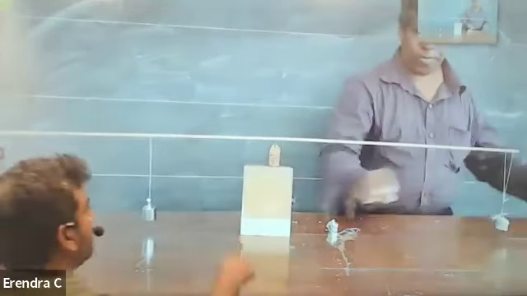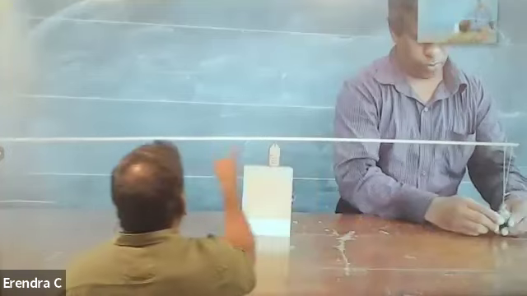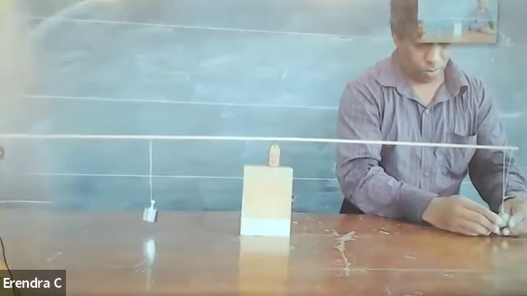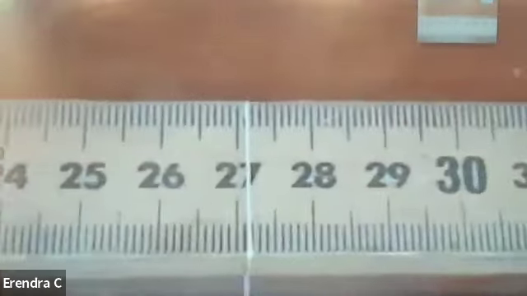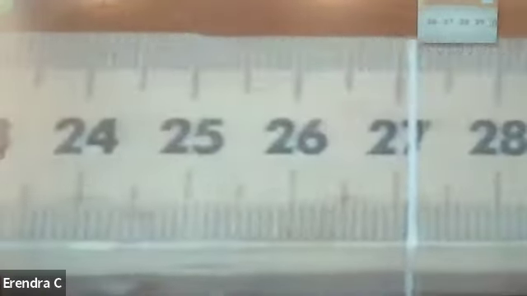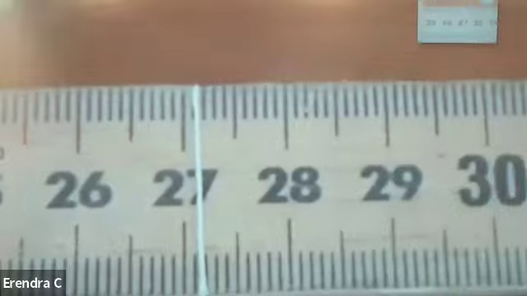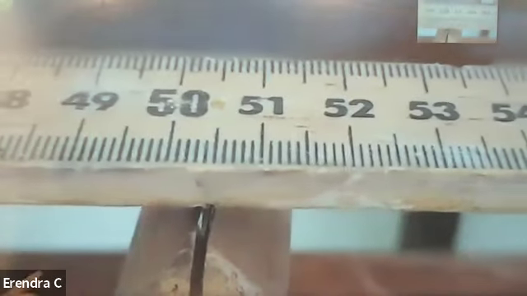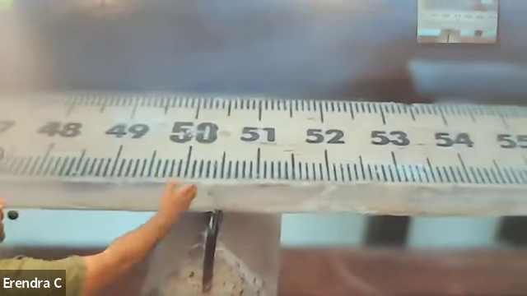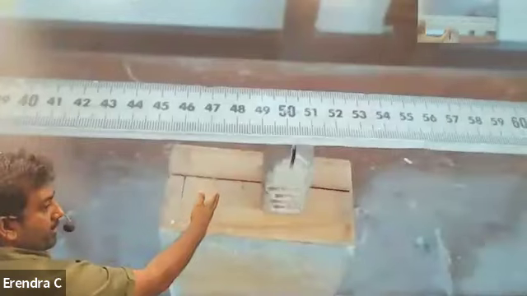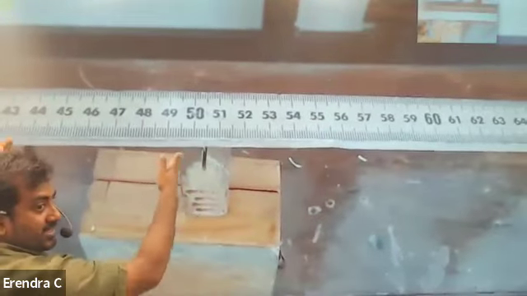So now you have to measure from here to here and here to here. It's not easy, okay? 27.1 centimeter from one side. From 50.5 you have to subtract 27.1. Then you get the distance.